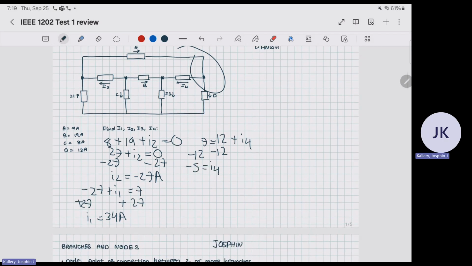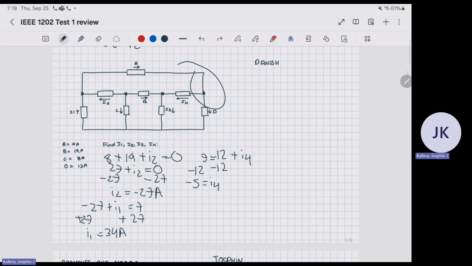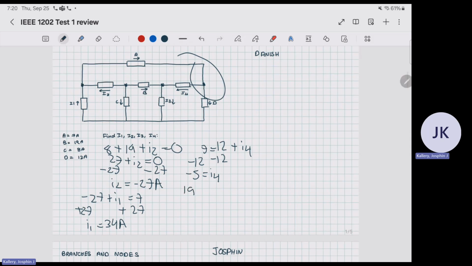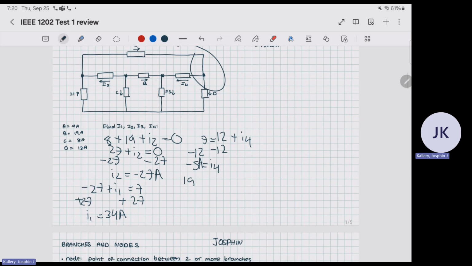All right, and then our final node is just this one. We have I4, we don't have I3, and we have B. So B and I4 are entering the node, and then I3 is leaving the node. So we'll get, let me include my amps, sorry.